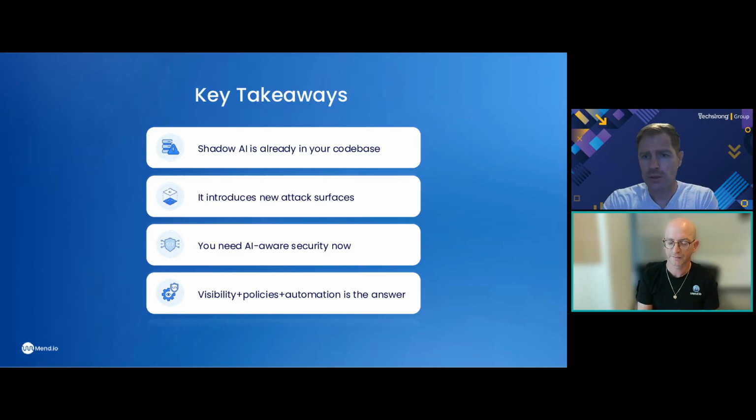All right, looks like we're getting a few more in. How do you recommend approaching cross-functional collaboration when developers are reluctant to disclose unapproved AI use? Yeah, so that's exactly where tools like MendAI come into play.